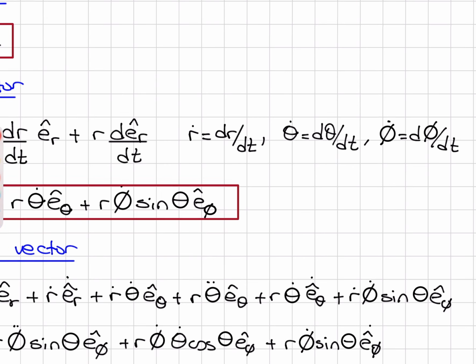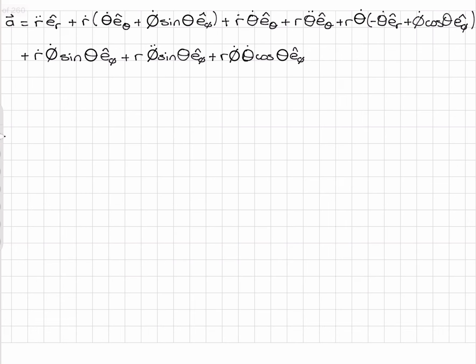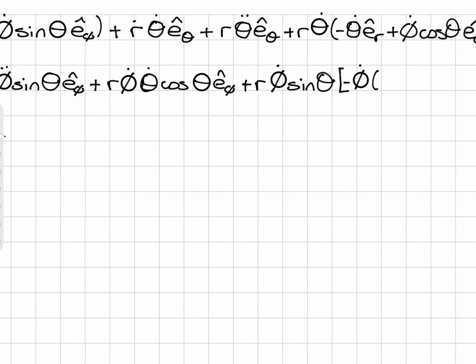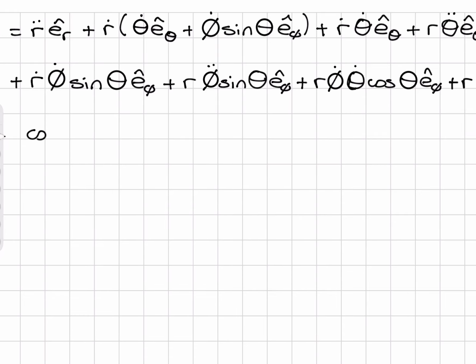Now I need e phi hat dot, which is given here. So I'm going to substitute that. So plus r phi dot sine theta, parentheses, then I have minus phi dot, parentheses, sine theta e r hat plus cosine theta e theta hat.